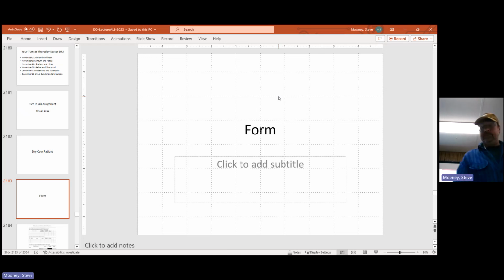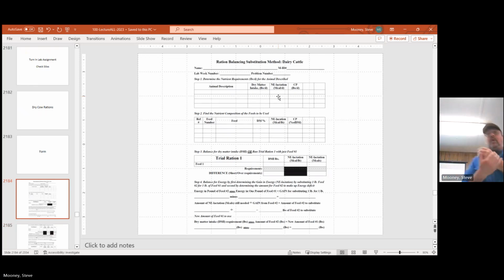So form. So pretty similar to the one we used last week. The major change is that we're going from TDN on a percentage basis to net energy lactation, NEL, in megacalories per pound. So you'll see pretty much wherever we had TDN before, we now have net energy lactation.